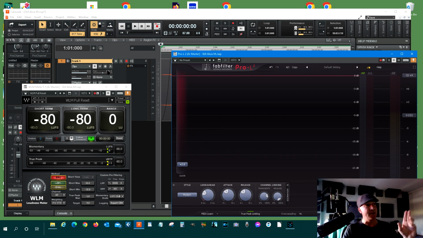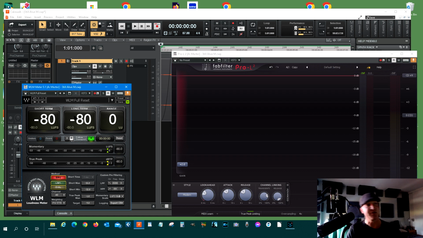So if I play it, you'll notice on the left, I'll just mention this one in the process, this is another Waves, it's the WLM meter, and it's fantastic.